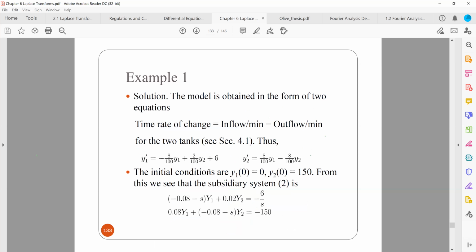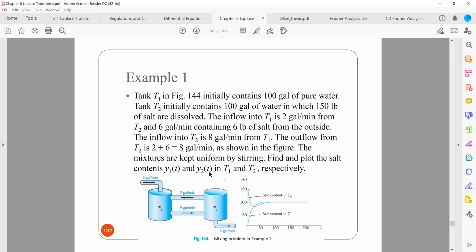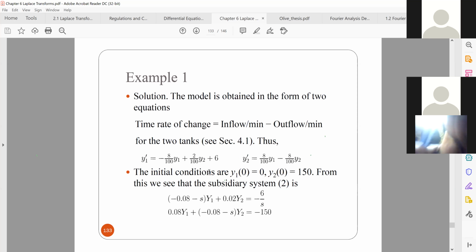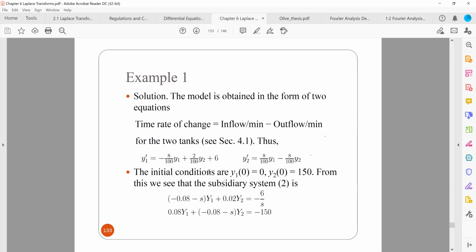So for the rate of change of Y1, tank 1 is losing 8 gallons per minute and gaining 2 from Y2 and 6 from, we said this was external, so it has nothing to do with Y2.